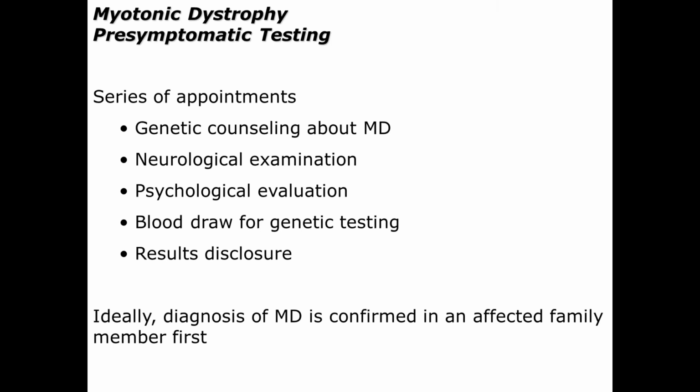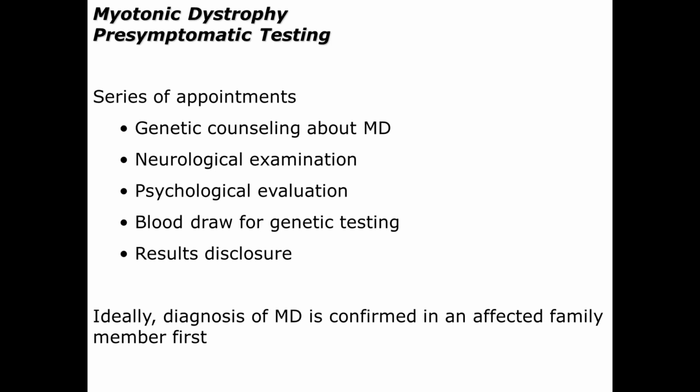How does somebody know which test they should get, and how would they go about doing that? That's a great question. So if somebody has never had genetic testing in the family, that's the first thing to think about. If somebody else in your family has had genetic testing and it confirmed myotonic dystrophy type 1, then you don't need to do genetic testing for myotonic dystrophy type 2.